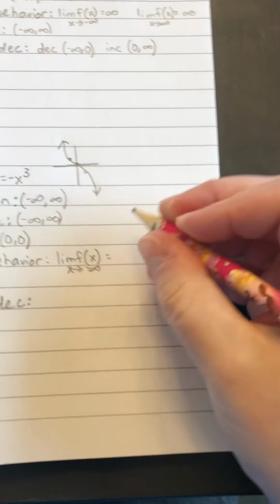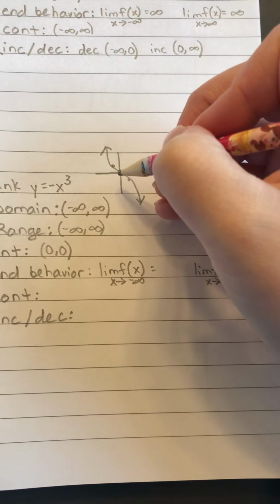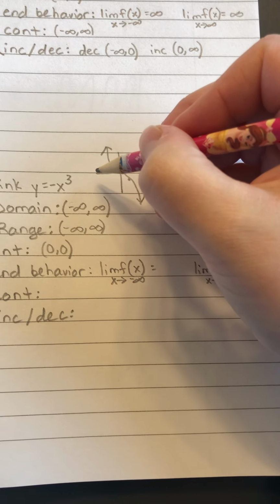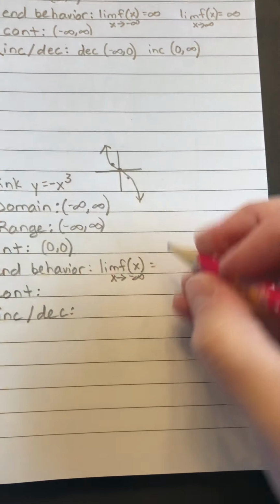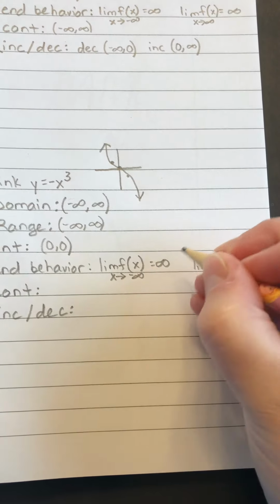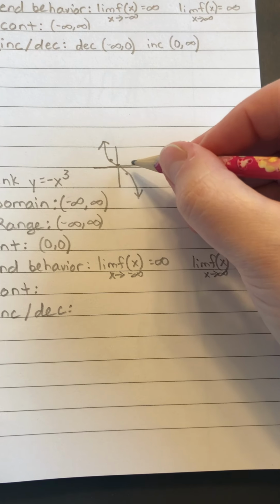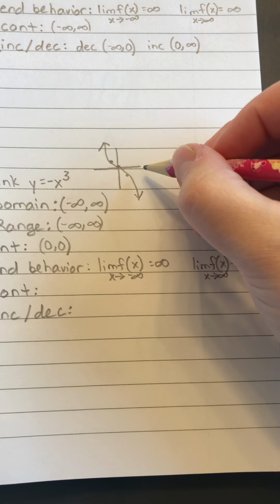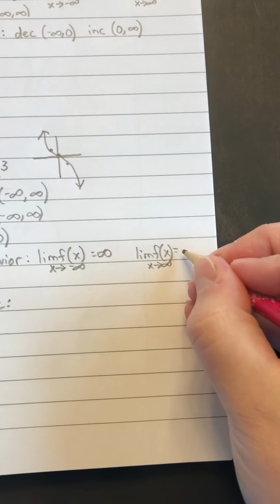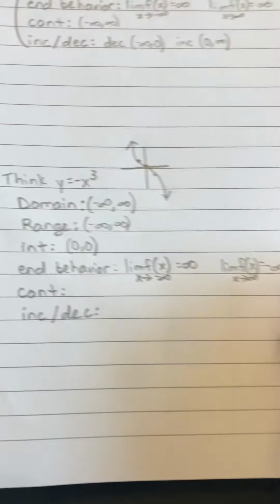We're going to try to look at the graph to fill in these blanks. So as x is getting smaller, what's happening to my y value? It's actually getting larger. So this answer would be positive infinity. As my x value is getting larger, what happens to your y value? It's getting smaller this time. So we're going to say -infinity.